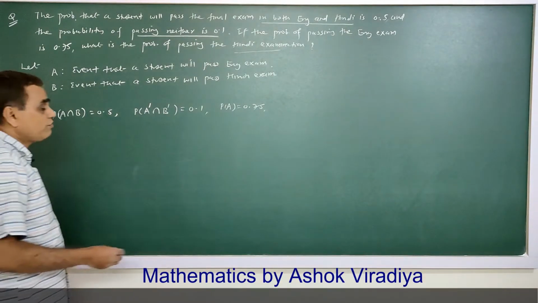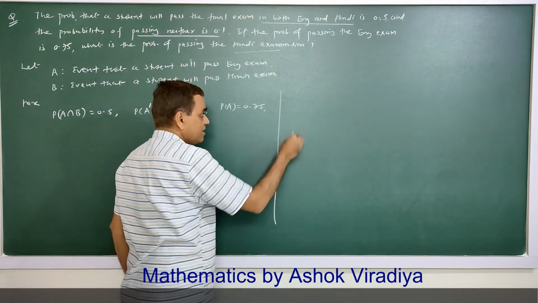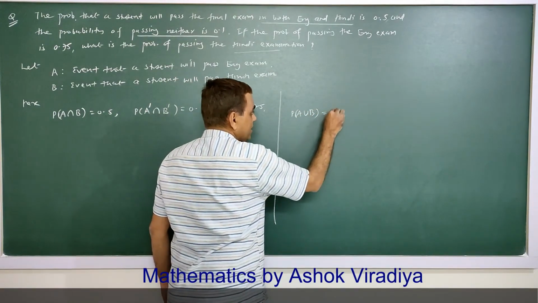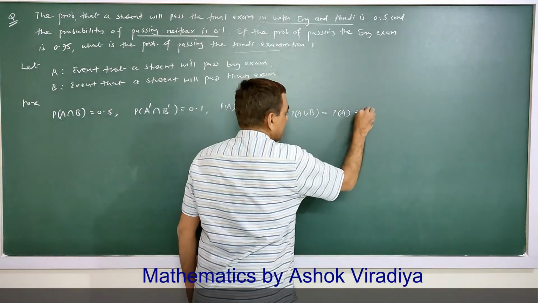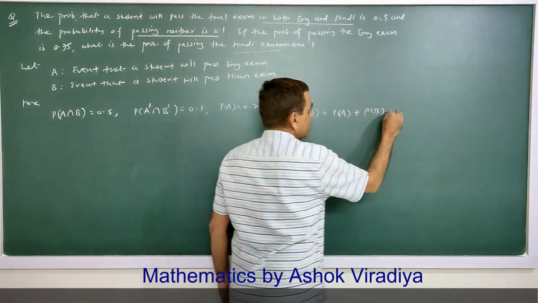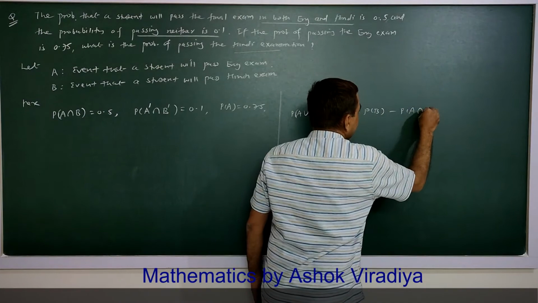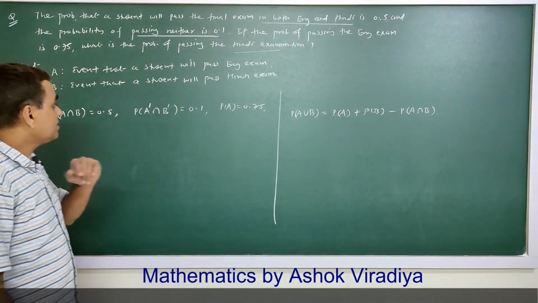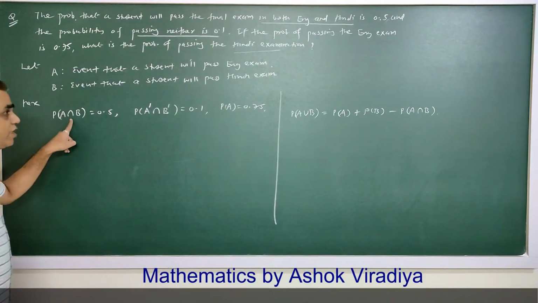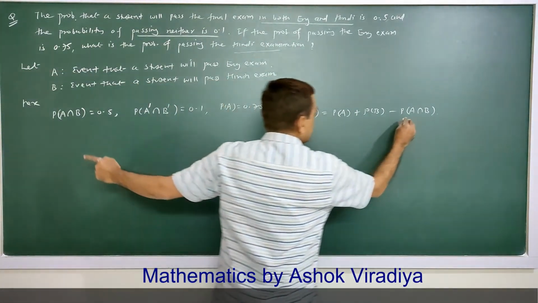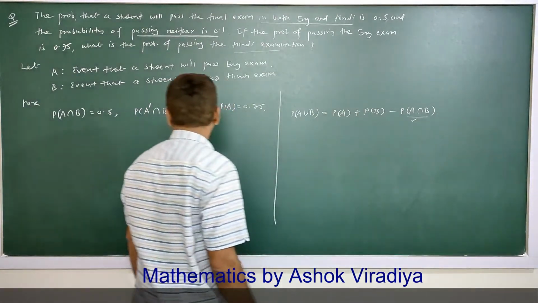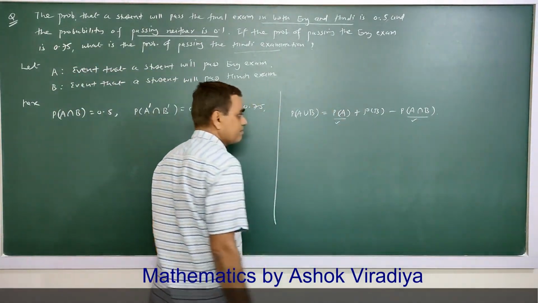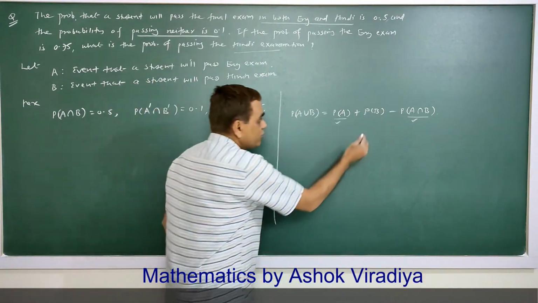To find the probability of B, we shall use this formula: P of A union B is P of A plus P of B minus P of A intersection B. Now see, this value is given, P of A is given, and this value is required.